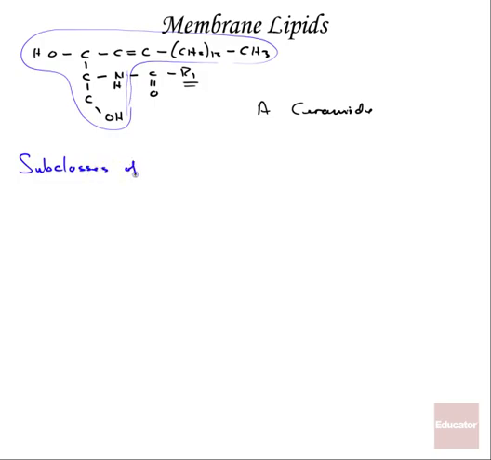The subclasses of the sphingolipids. So we have these membrane lipids, and one of the classes is the sphingolipids. Among the sphingolipids, there are subclasses, so now we're going to divide it up some more. These are derived from the ceramides.